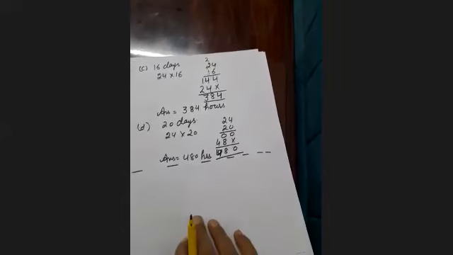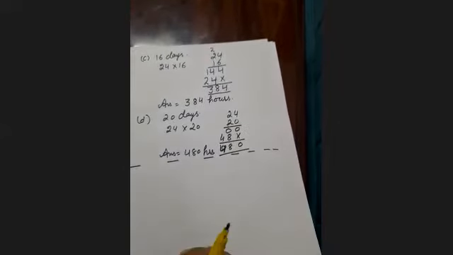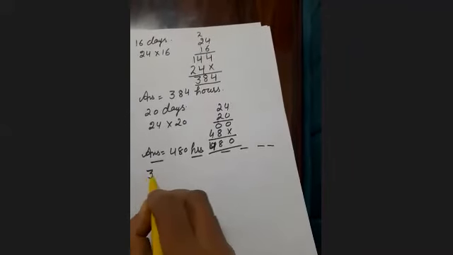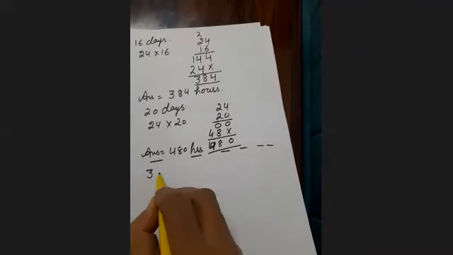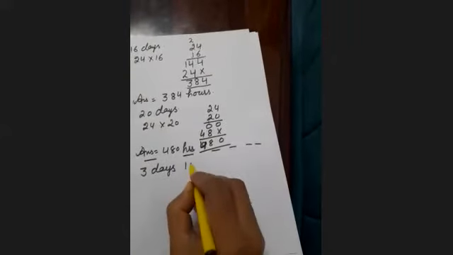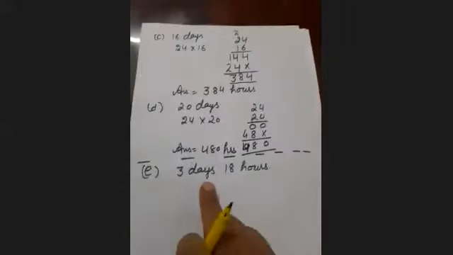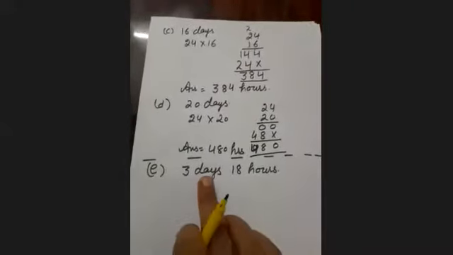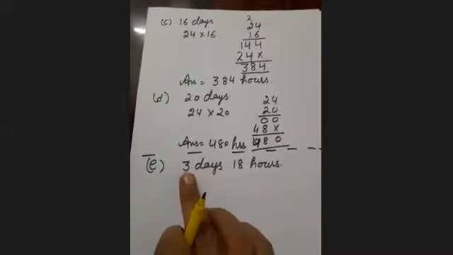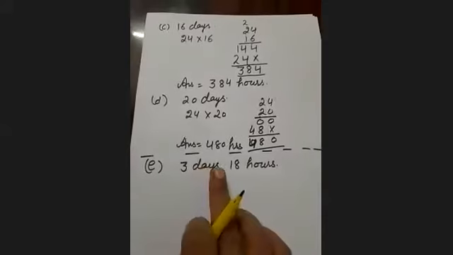Next is part E, 3 days and 18 hours. Now convert 3 days and 18 hours. In the first step, we will convert 3 days into hours.